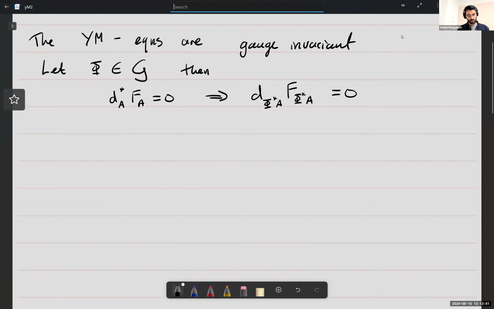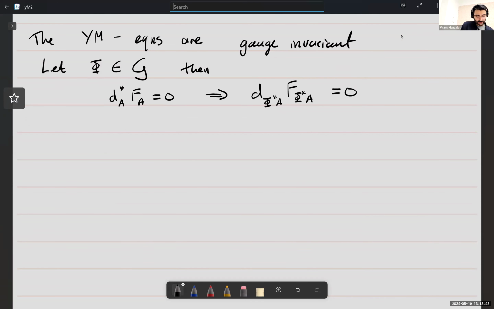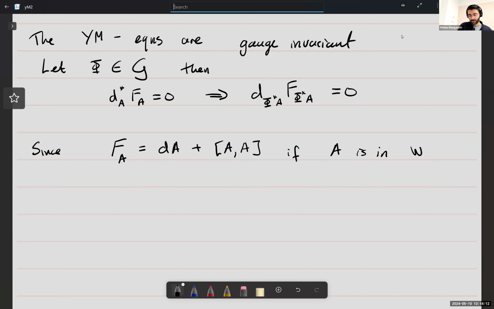So now, okay, since we have this formula, F_A is equal to dA plus this bracket thing, then, if let's say A is in, well, I'll just write A is in, a natural space for A would be W^{1,p}, but I'm just going to choose n on 2, 1.